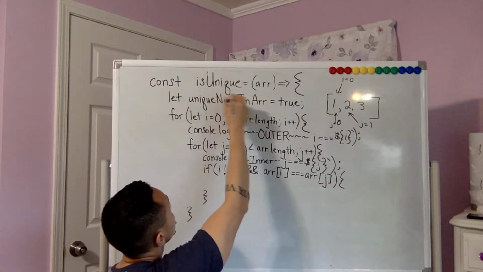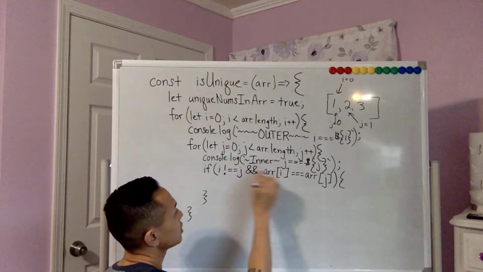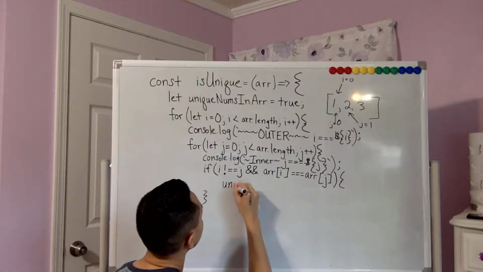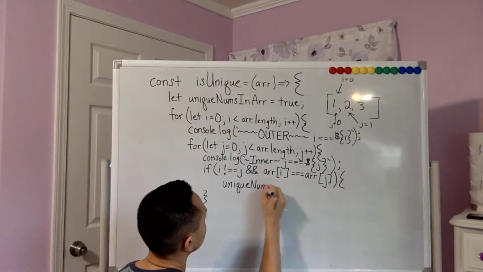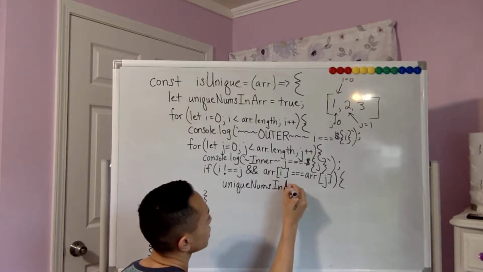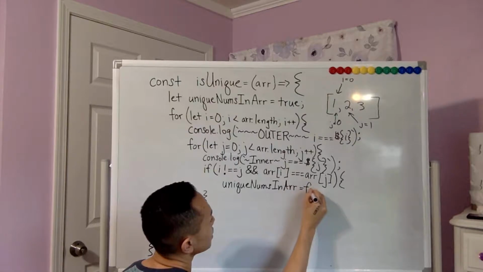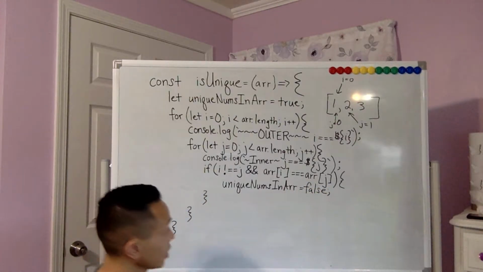We're going to change this value here, unique nums in array, to false if both these conditions are ever satisfied. So we'll just say unique nums, it's a really long variable name, sorry, in array equals false.